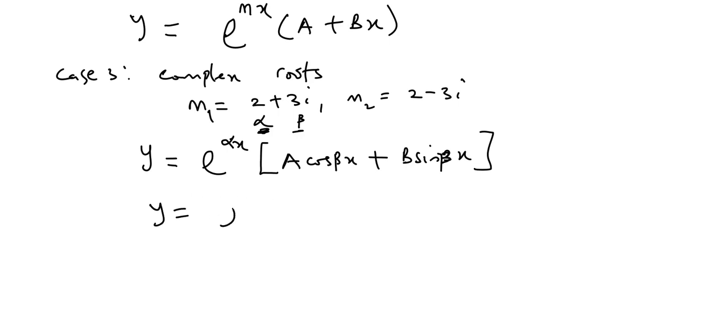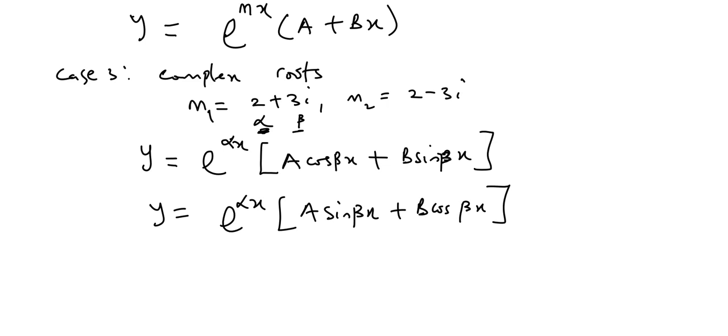You can also write it as a sine plus b cos. What will determine the values of a and b are the boundary conditions. This alpha is the real part and beta is the imaginary part of the solution.